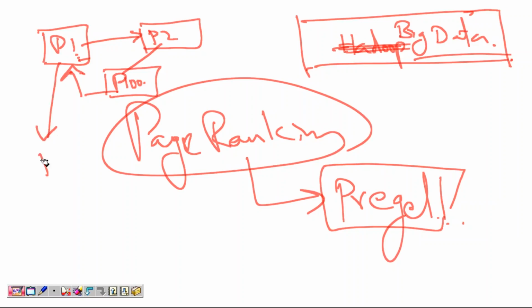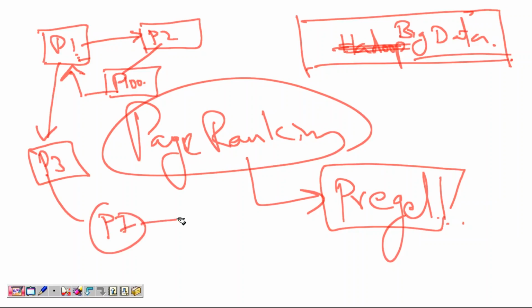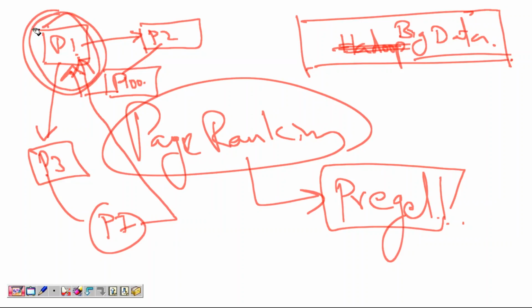Again page 1 to page 3, page 3 to page 7, and again from page 7 you come back to page 1. Now in all these, which page is more popular? P1 is more popular, right? It is based on the number of traffic directions and diversions. Based on this, the ranking is calculated.